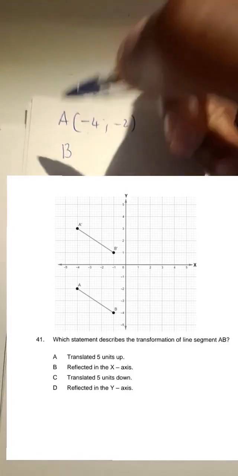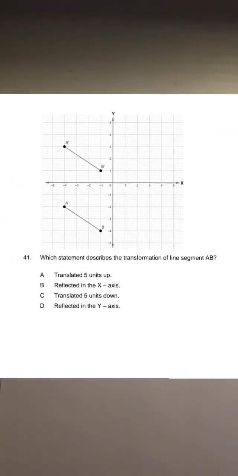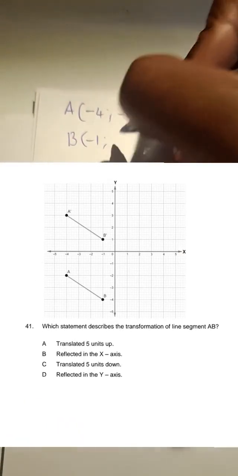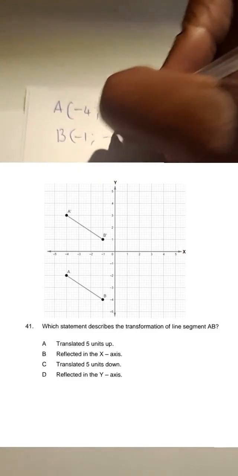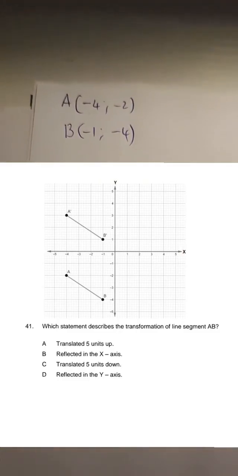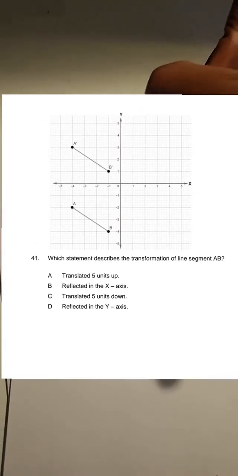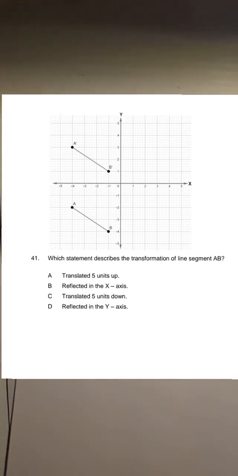Let us look at B, which is in the third quadrant. You can see that the x value for point B is -1, whereas the y value is -4. Now, we can see that the line segment AB has changed, there's been a transformation applied.